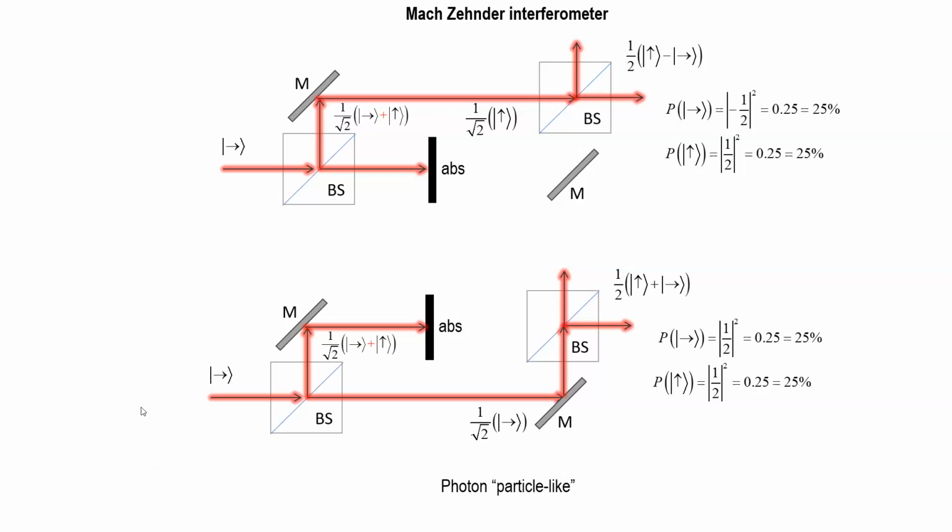It comes to the system, bounces off the beam splitter, then reflects from the mirror and is absorbed, but another photon bounces off the beam splitter again, propagates to the mirror, bounces off here, and then bounces off the second beam splitter, and it gives 25% probability. So it is exactly the behavior of a classical particle.